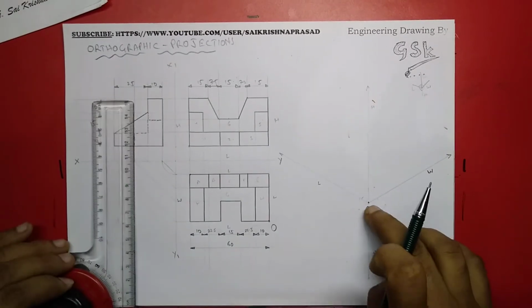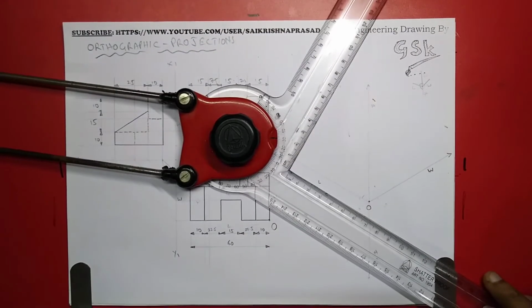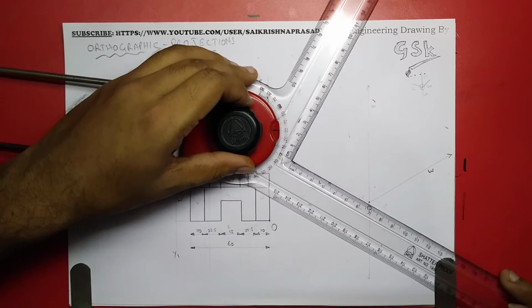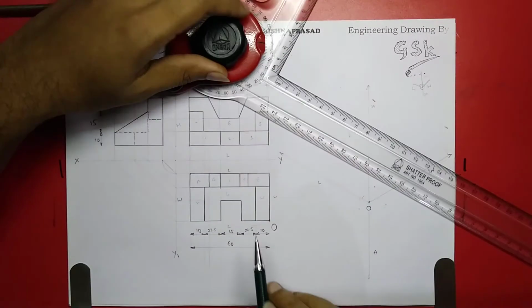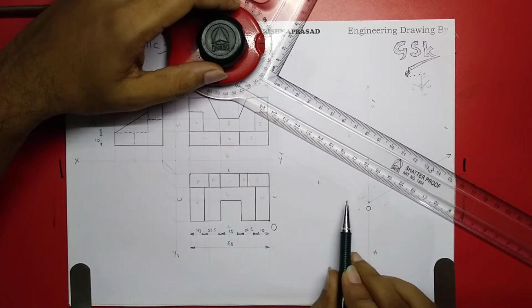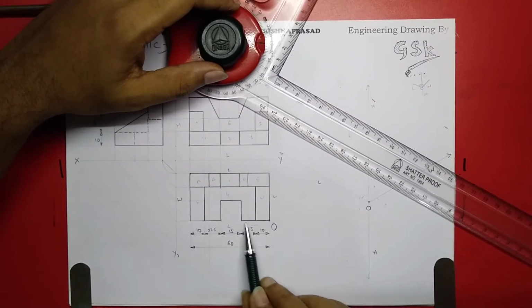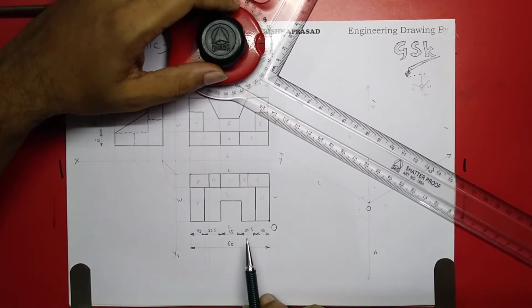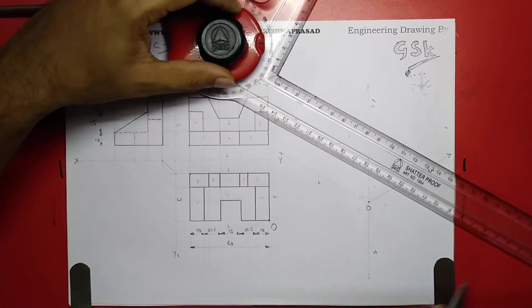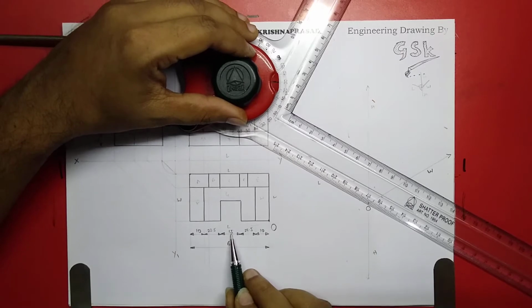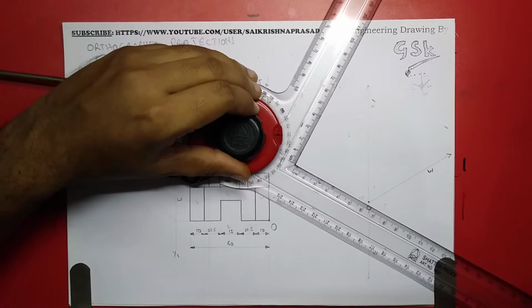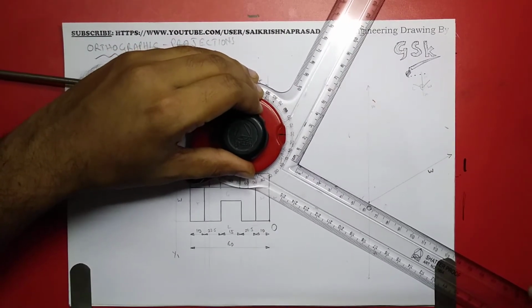Okay, so here I'll be taking the scale parallel to the length, and I'll measure this and draw over here. So this length is 32.5 and this is 32.5 and middle is 15. So total I have to take 60, right?